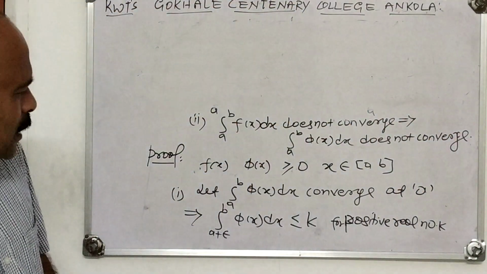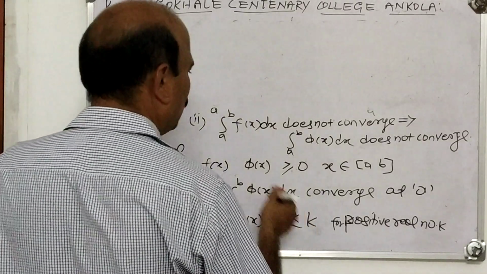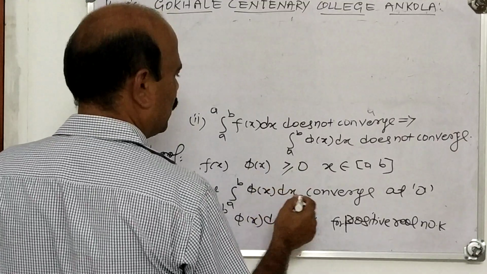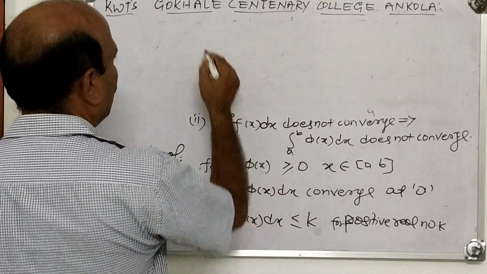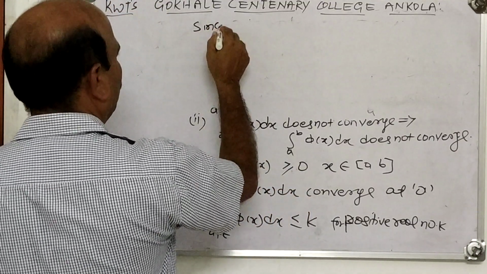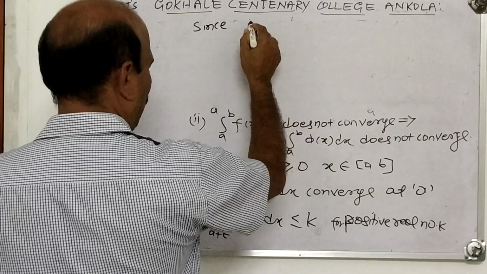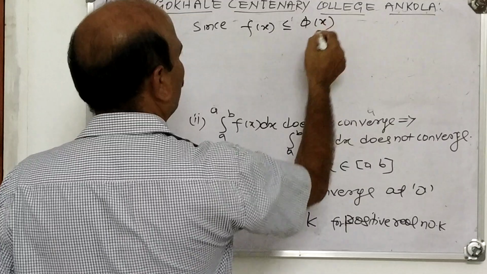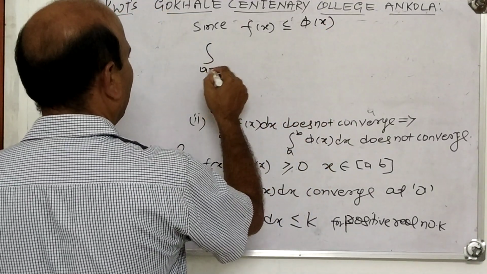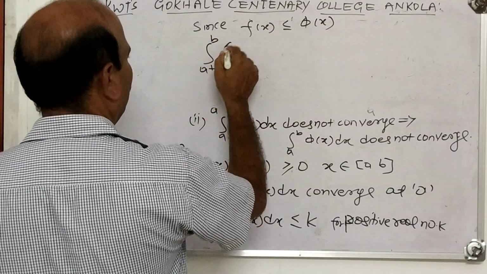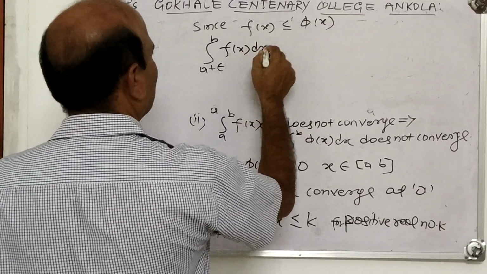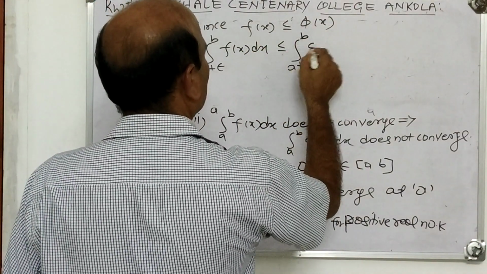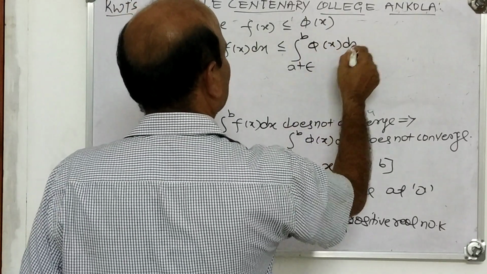Since f(x) is less than or equal to phi(x), the integral from a plus epsilon to b of f(x) dx is less than or equal to the integral from a plus epsilon to b of phi(x) dx.